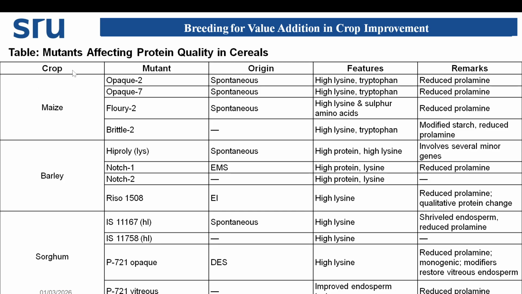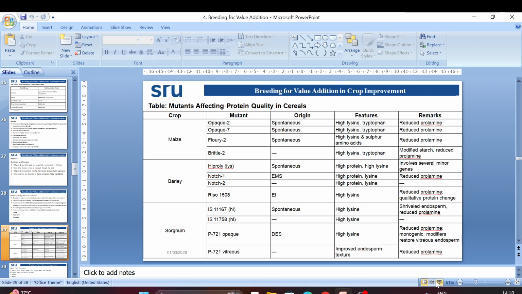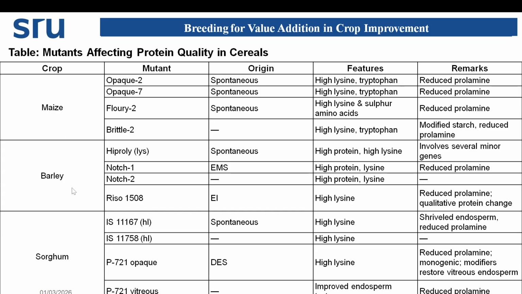Here I have collected the crops, then different mutants, their origin, with ideal features and remarks. If we take the example of maize, opaque-2 is spontaneous, with high lysine and tryptophan, and automatically it will reduce the prolamine. Likewise, I have given for barley and sorghum.